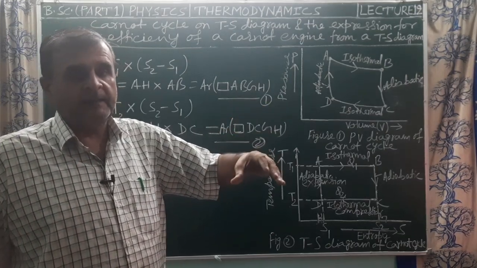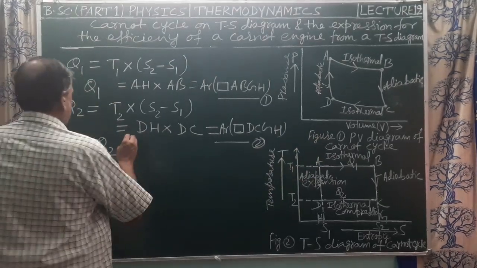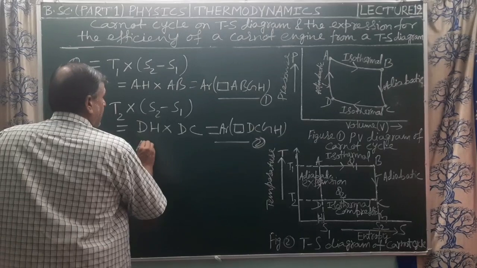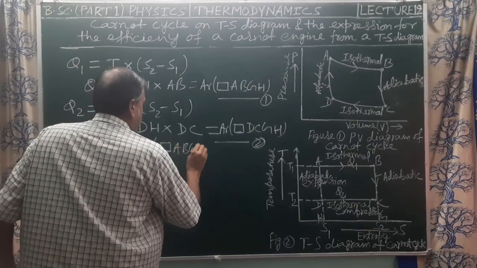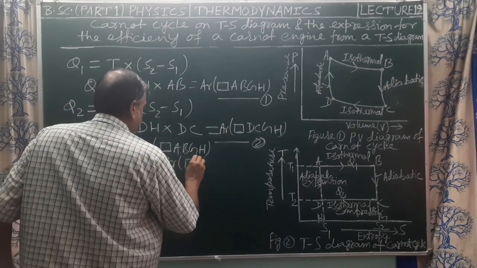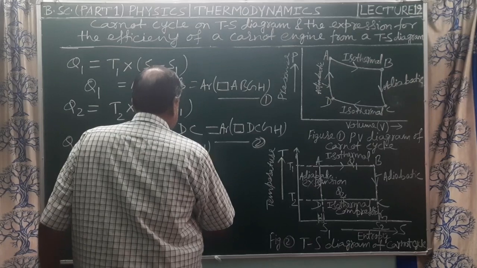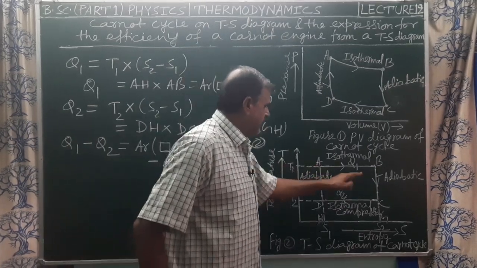So Q1 minus Q2 is equal to the area of rectangle ABGH minus the area of rectangle DCGH on the TS diagram.